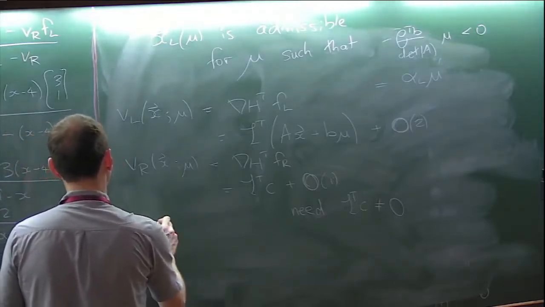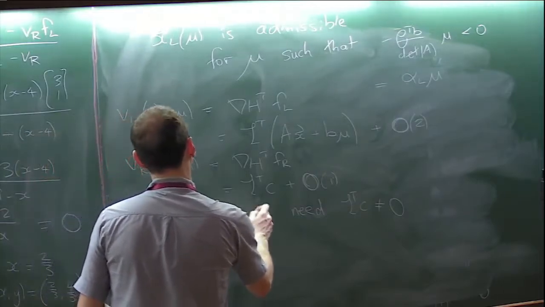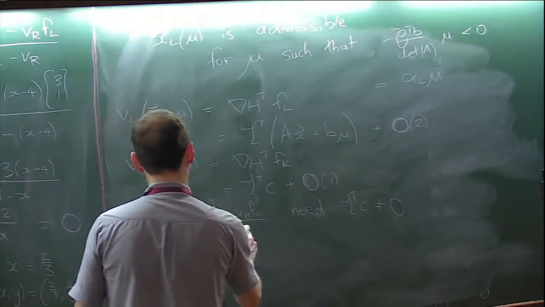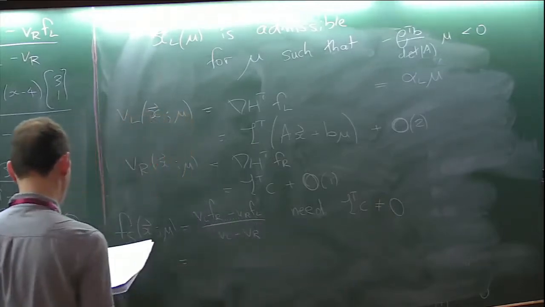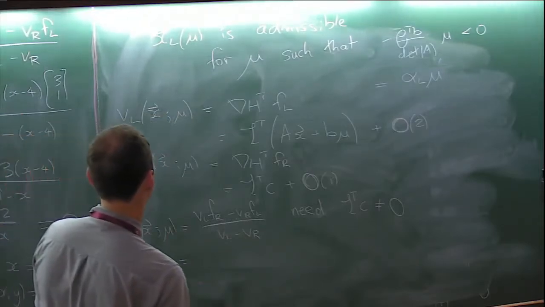Fs equals VL FR minus VR FL over VL. Okay, so let's put everything into our formula for the sliding vector field.